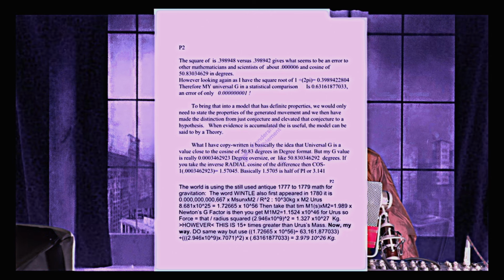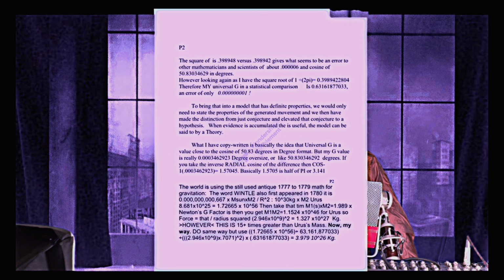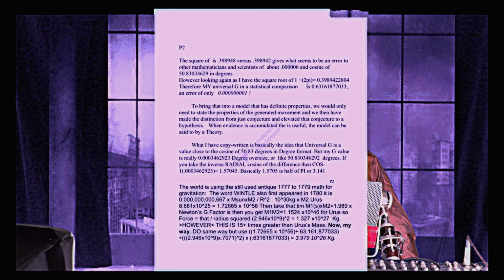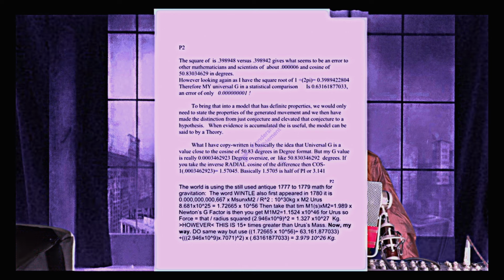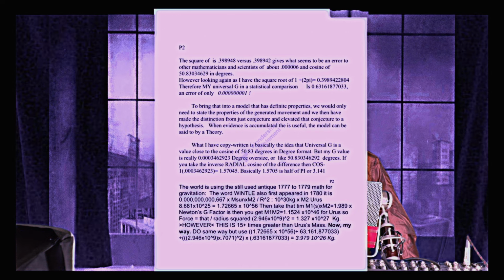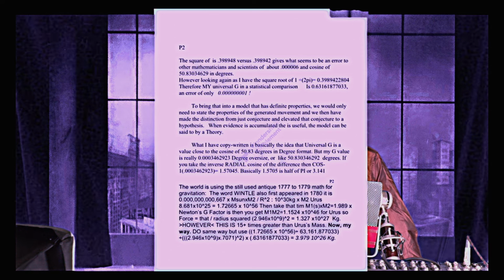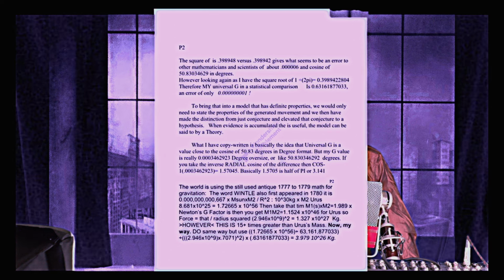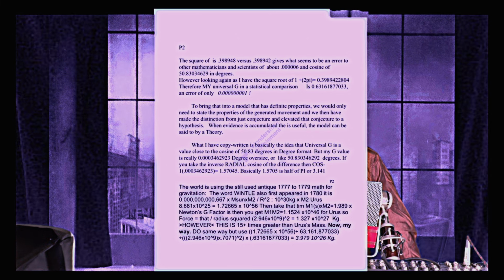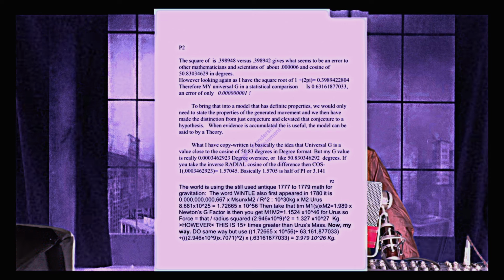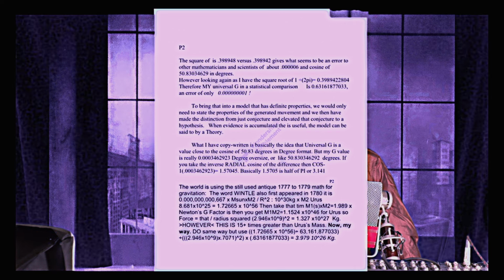And that would be 10 to the 30th kilograms times m2 of Urus. I'm going to call it Urus, the name of the planet Uranus, 8.681 times 10 to the 25th. That equals 1.72265 times 10 to the 56th, for an example. Then take that times m1 of the sun times m2 equals 1.989 times Newton's G's factor, and you get 1.1524 times 10 to the 46th.